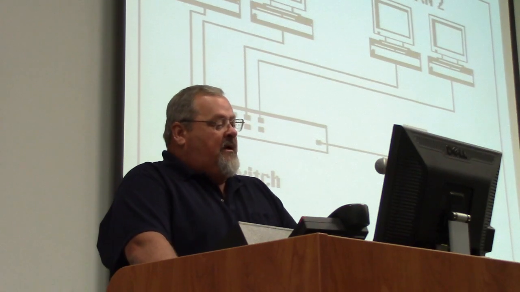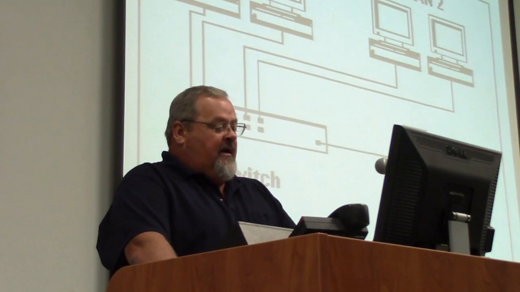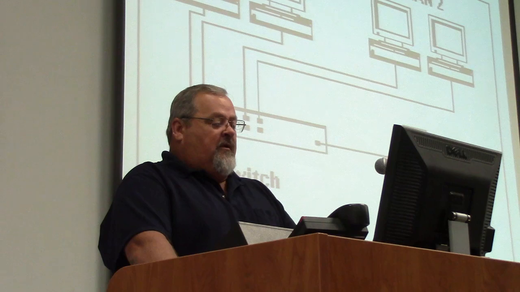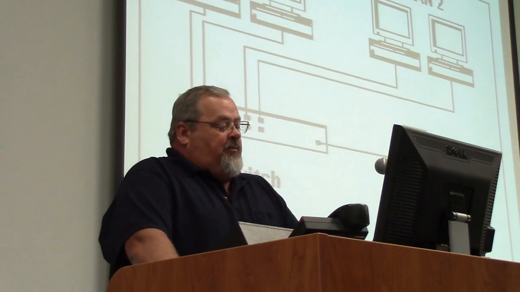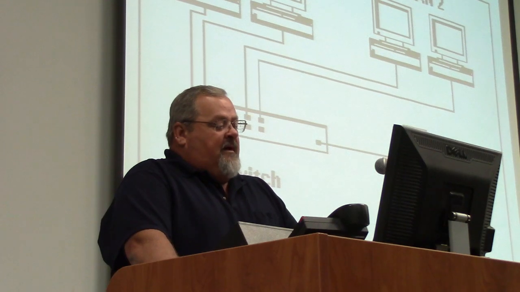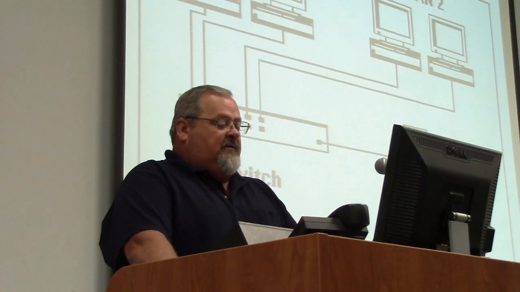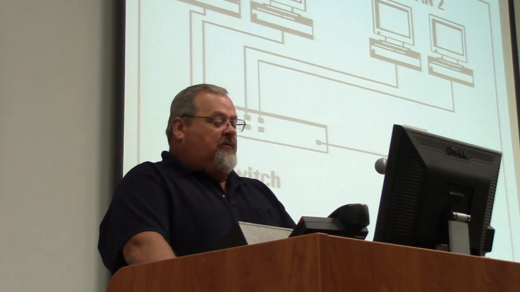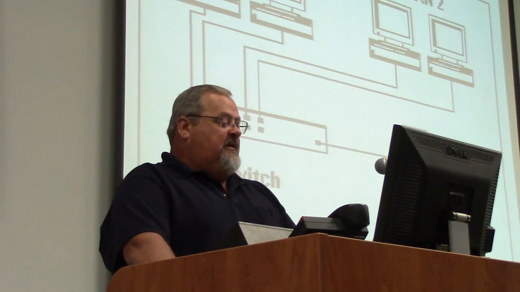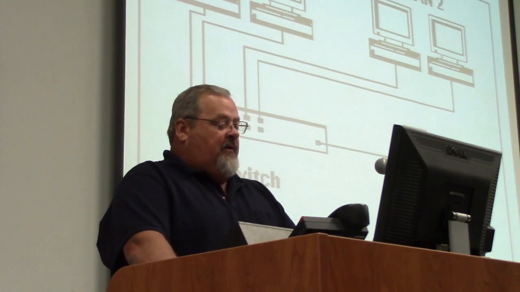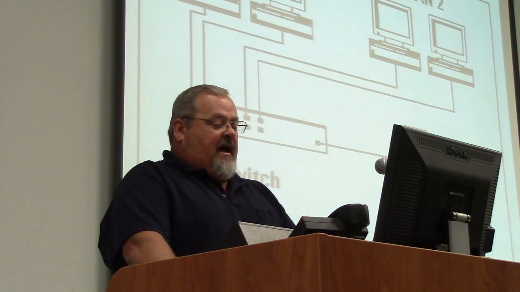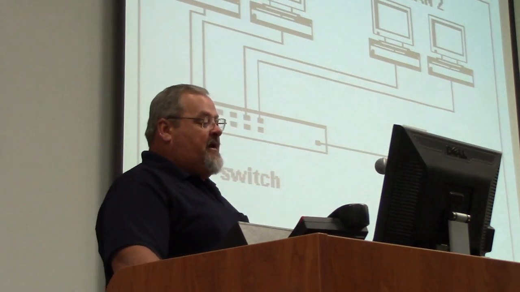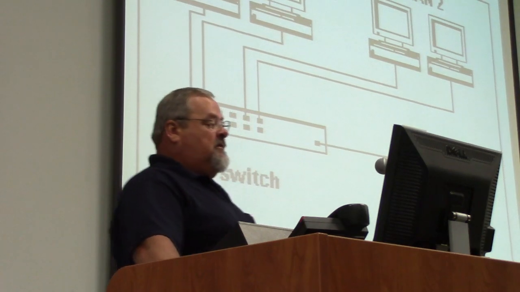VLANs can be used to create broadcast domains, which eliminates the need for expensive routers. Theoretically, sensitive data may be broadcast on a network. In such a case, placing users who can have access to the data on that VLAN can reduce the chance of an outsider gaining access to the data. Here's a video explaining how a VLAN is used.